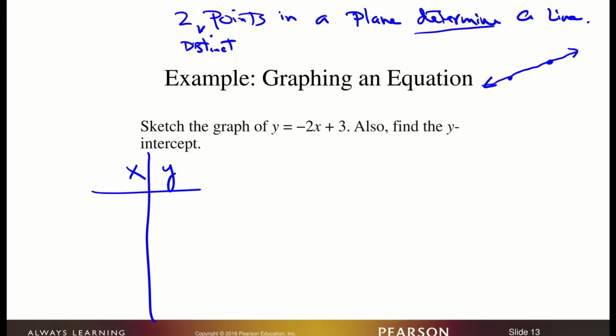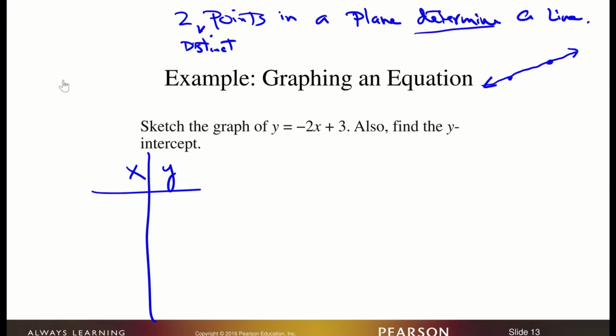So 2 distinct points in a plane determine a line. So what does that really mean? If we want to translate into practicality, it means really all I need to get a perfect graph of this linear equation is just 2 solutions, because all other solutions are going to go through the line that will go through those 2 solutions, right?